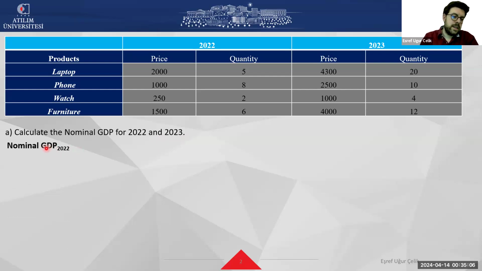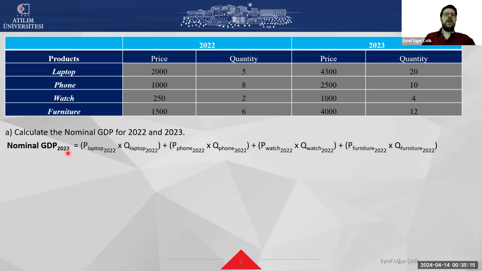Okay, let's start. Nominal GDP 2022. I ask the year of 2022. For each good, for price and quantity, we take the year I ask you. So for each price of goods, take the year of 2022.